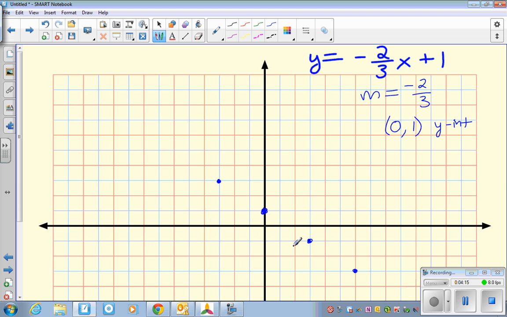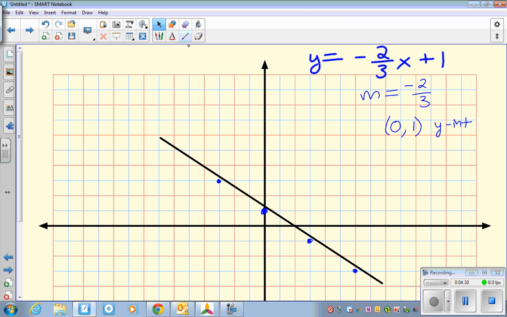I could either go down 2, right 3 or up 2, left 3. So now that you have a bunch of points, again, take a ruler and connect it. I really should have some arrows at the end of this, so my line continues forever. And I know I didn't quite go through my points, but you get the idea.